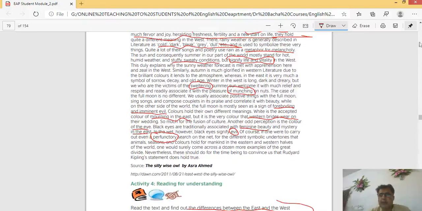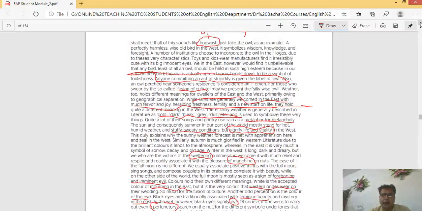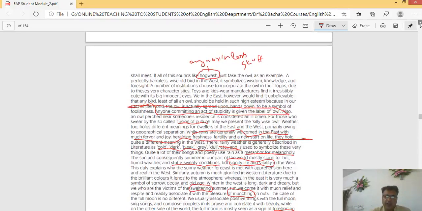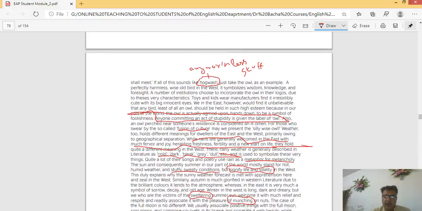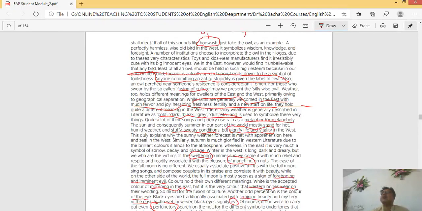And this particular paragraph focuses on the differences between the east and the west. What is considered one thing in the east is different in the west. For example, the owl, which is considered to be the symbol of wisdom in the west, is painted or symbolized through different things and products there.